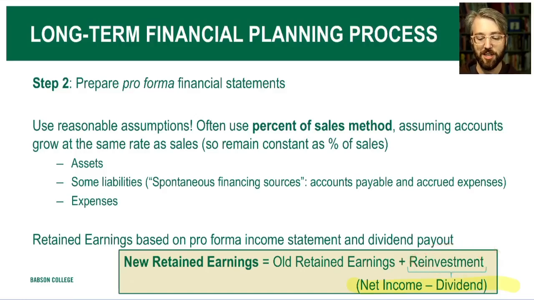And that will allow us, with a net income forecast from the income statement and some assumption about dividend policy, to forecast the change in retained earnings and therefore the level of retained earnings at the end of each period over the course of our forecast.